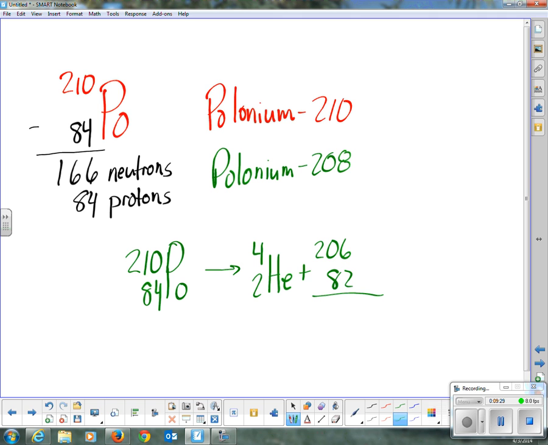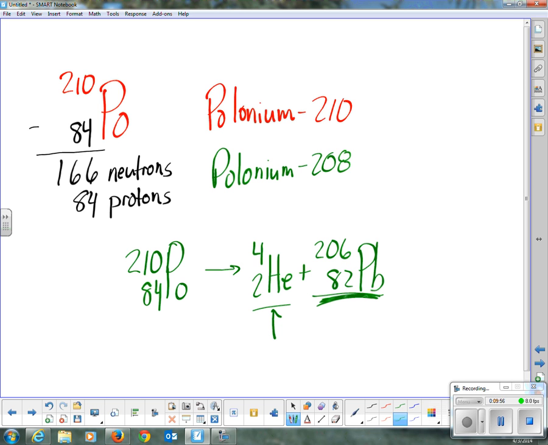Number 82 on the periodic table is lead. So I get lead 206. Be able to write an equation and be able to carry it out. Be able to tell me, if I had given you this right here, the lead 206, be able to find what particle it decayed by or was bombarded by.